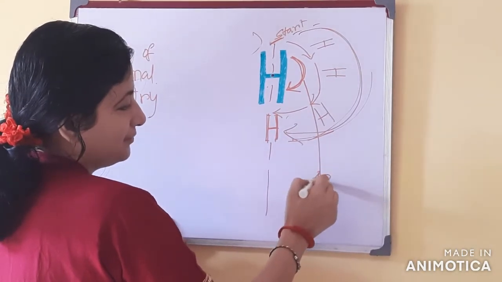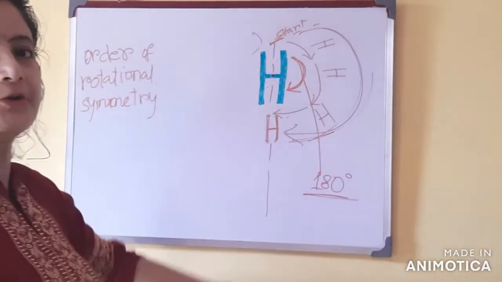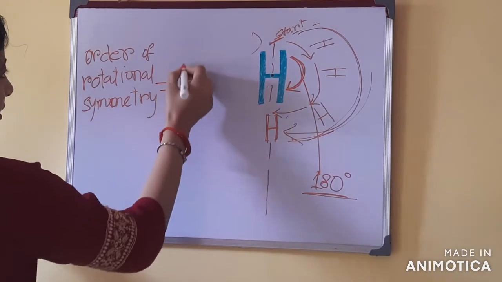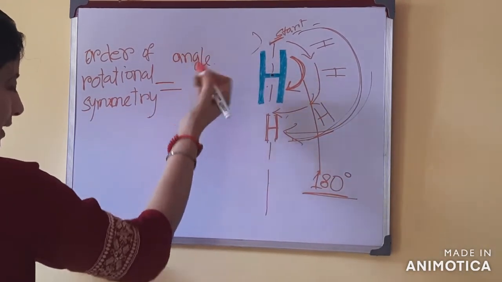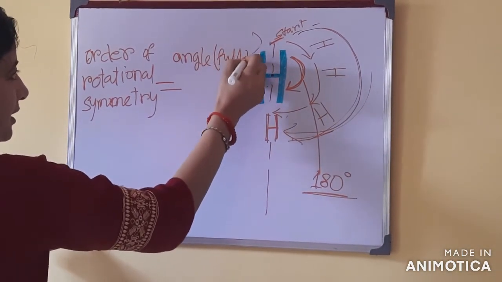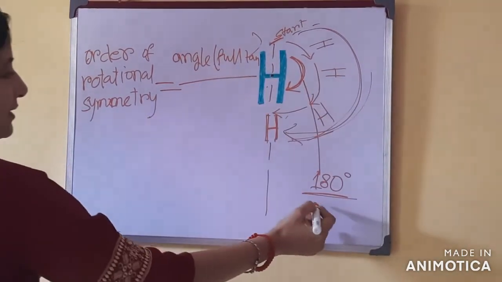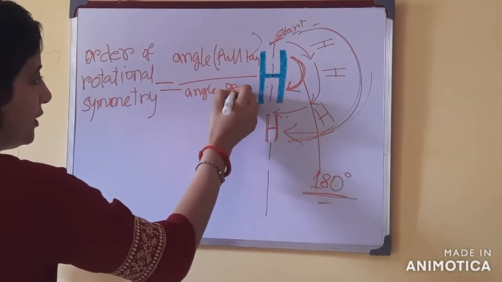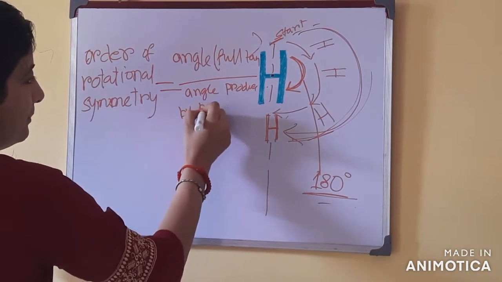And this is our angle produced by partial turn. So the order of rotational symmetry will be the full angle we are getting from the full turn. Full turn means it will be 360 degrees, divided by the angle produced by partial turn.